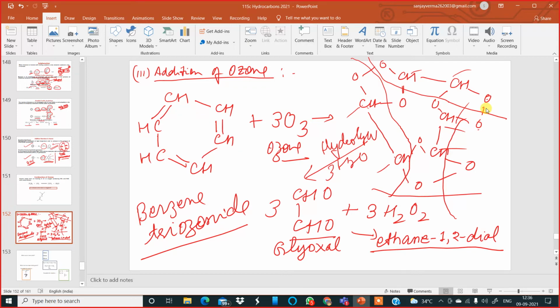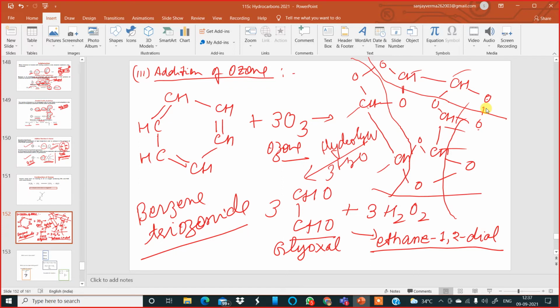You have to choose the correct option as benzene triozonide. Now what happens to benzene triozonide when it is hydrolyzed? When it is treated with water, it produces, again I can give four options, water as the side product, or hydrogen, or oxygen, or hydrogen peroxide as the side product. Your answer has to be hydrogen peroxide.